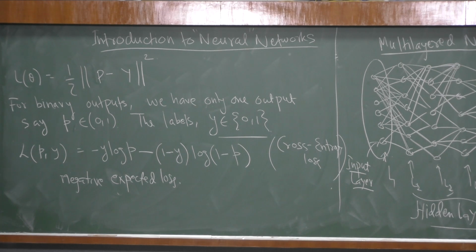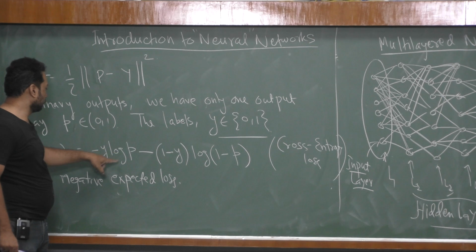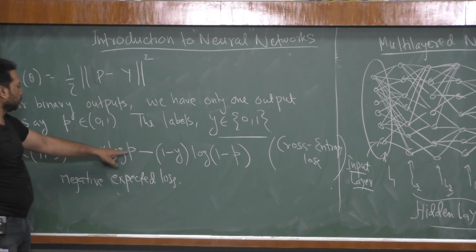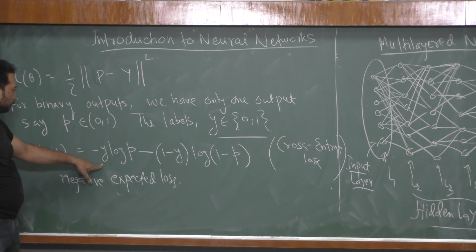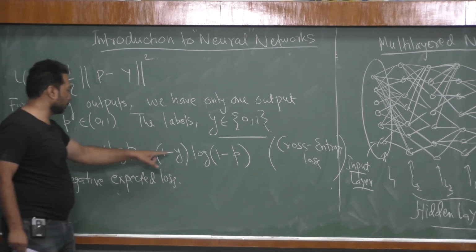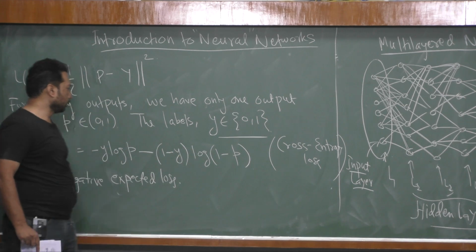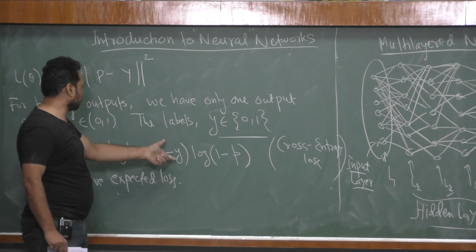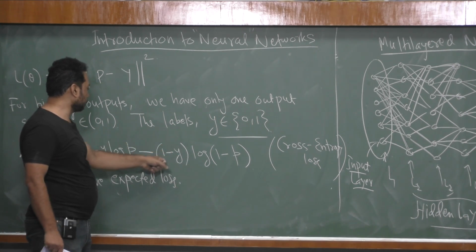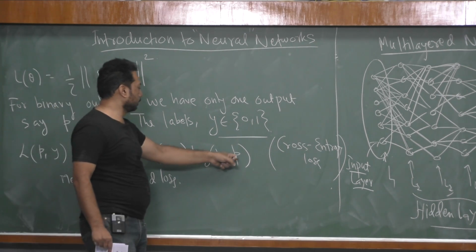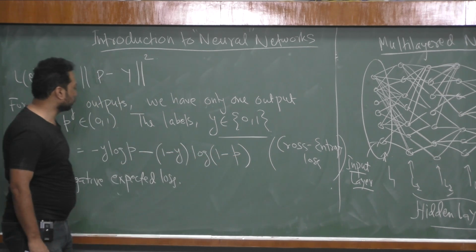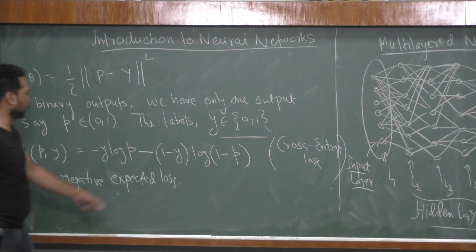Here, if the label was 1, then this term remains, and if our prediction is close to 1, then this is indeed close to 0. But if the label was 1, then the other term goes away. Similarly, if the label is 0, the output is not a cat, then this becomes 1, and p should be close to 0 in that case, because it has to match y equals 0, and then again the loss is 0.